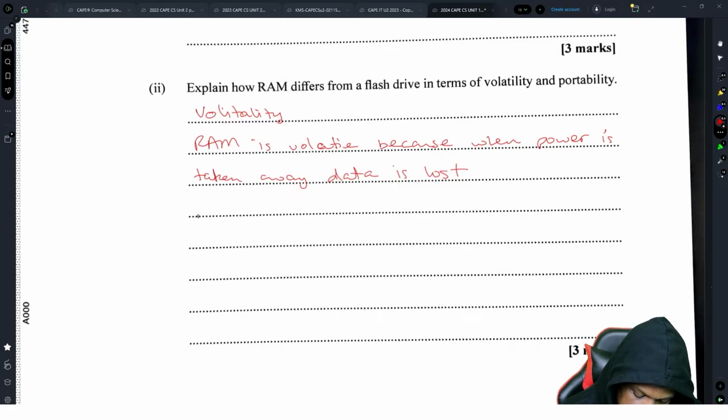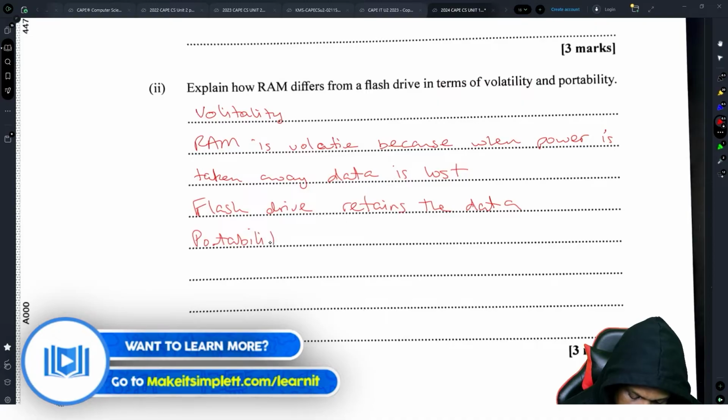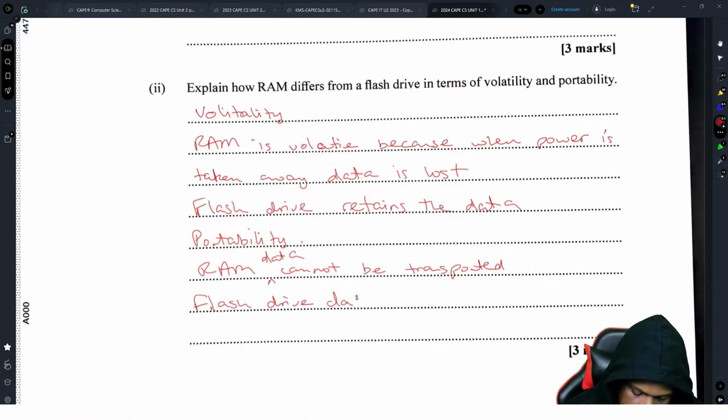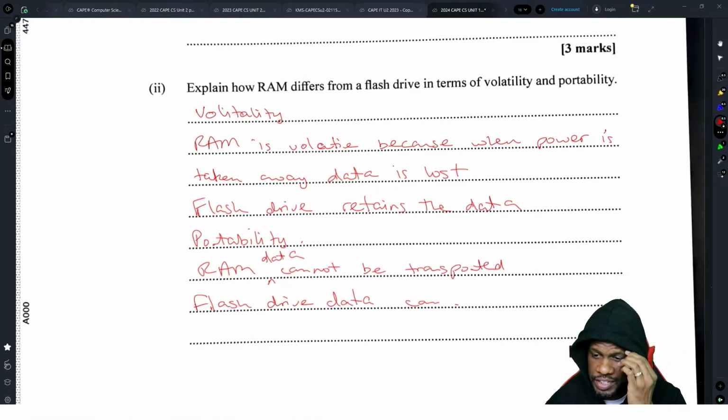And flash drive retains the data. Then we have portability. RAM cannot be transported, RAM data. Flash drive data can. Yeah, it's 3 marks. I mean, come on, it's 3 marks.